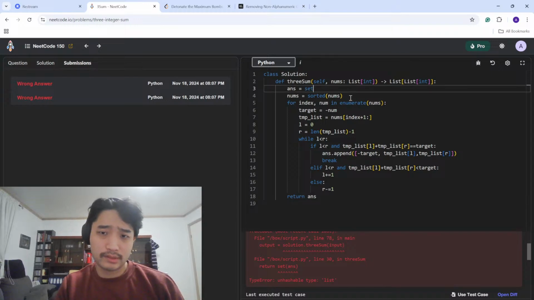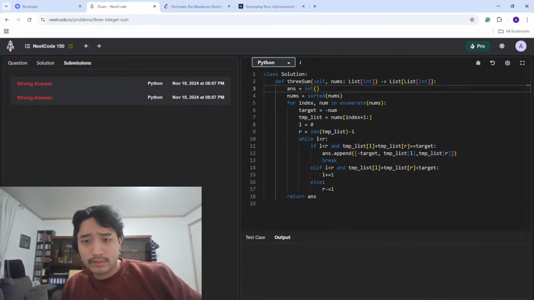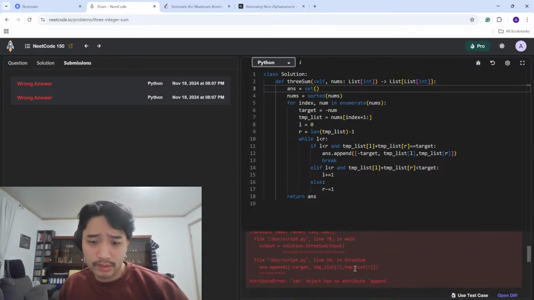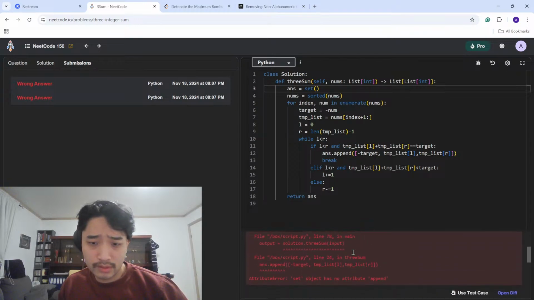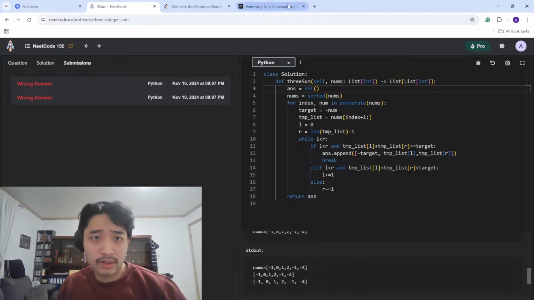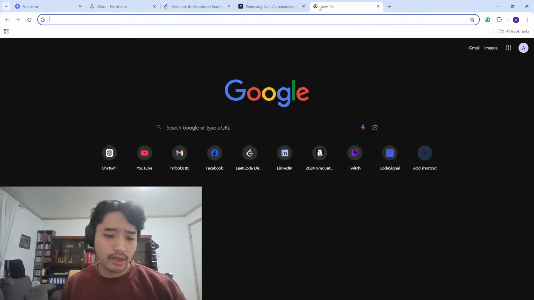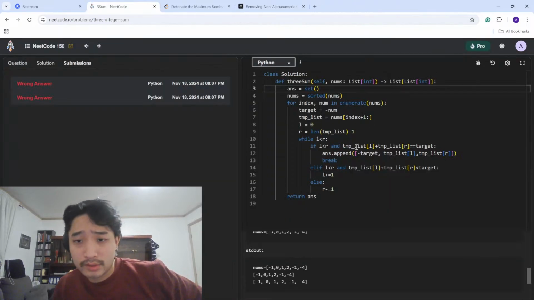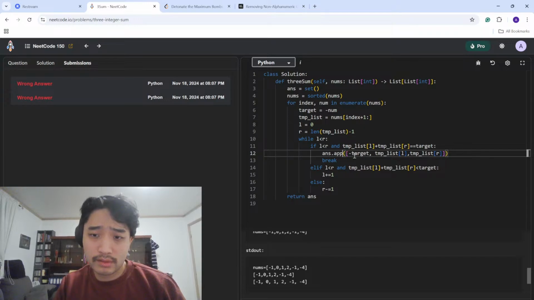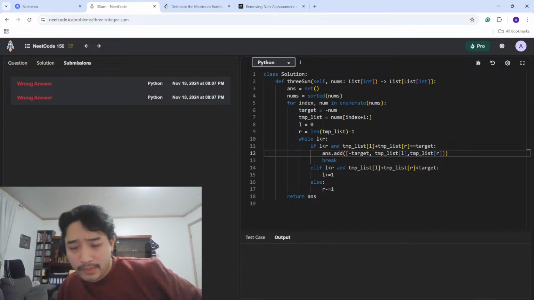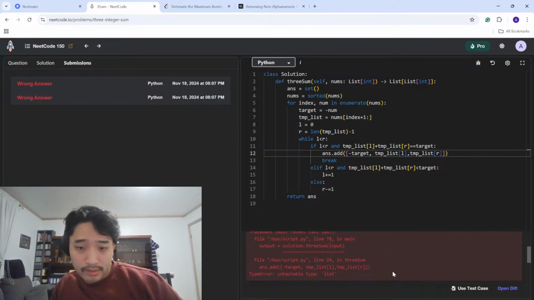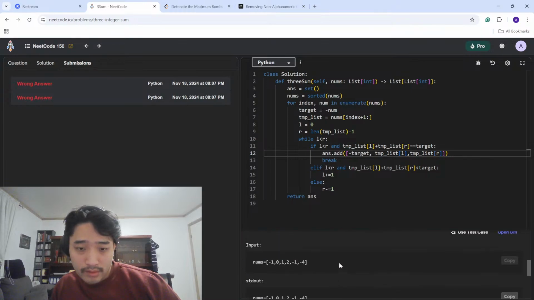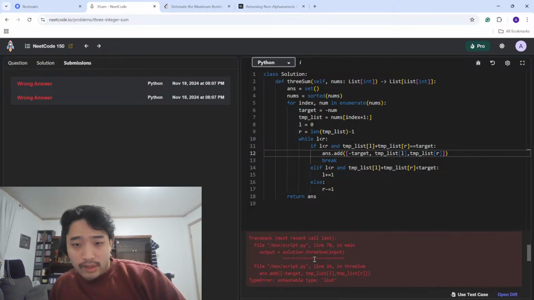Can I do it like this? It's probably not append then, or... And to set in Python, the add function. It's not a list.